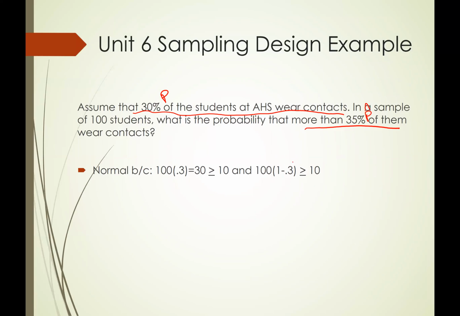Oh, this should say equals 70 before I do the greater than or equal to 10. We're doing normal distribution. Parentheses, our mean is going to be equal to the population proportion. Our standard deviation is going to be the square root of p times 1 minus p over n.